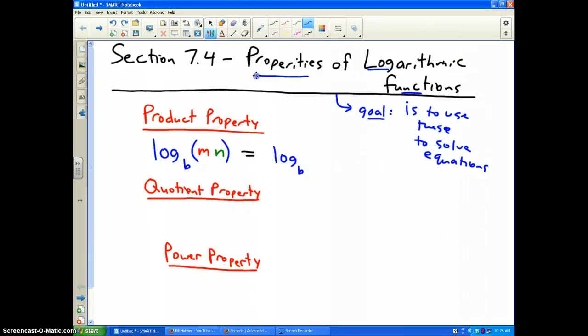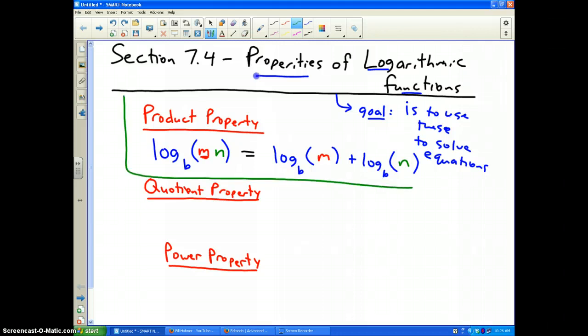Log base b, the base stays the same, of m, whatever that is, plus log base b of n. That's the product property. You can split these two things apart that are multiplied and add, and you use two logs to do so if you're multiplying two things together.